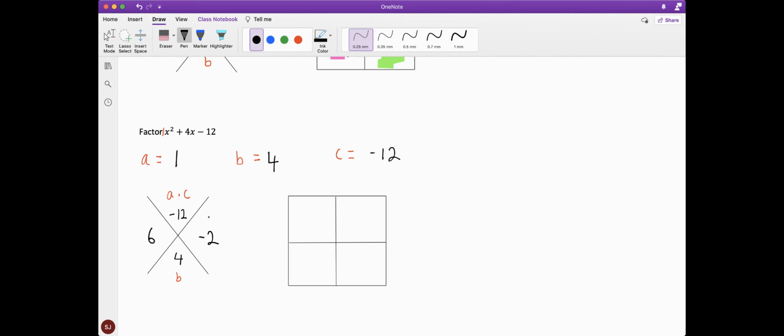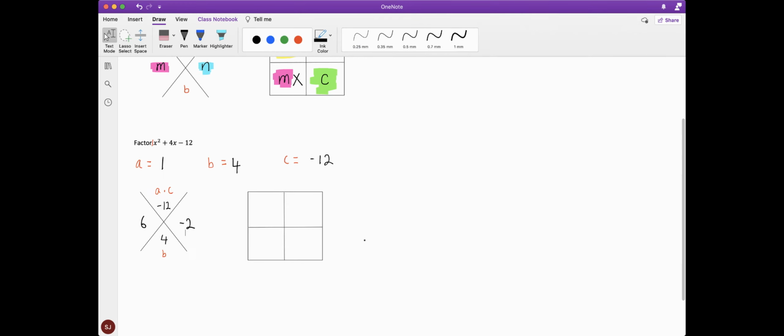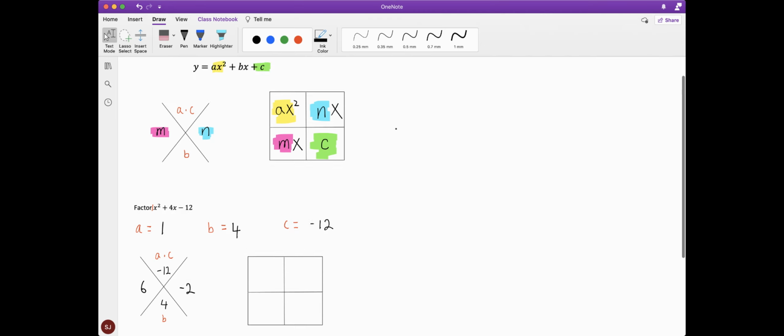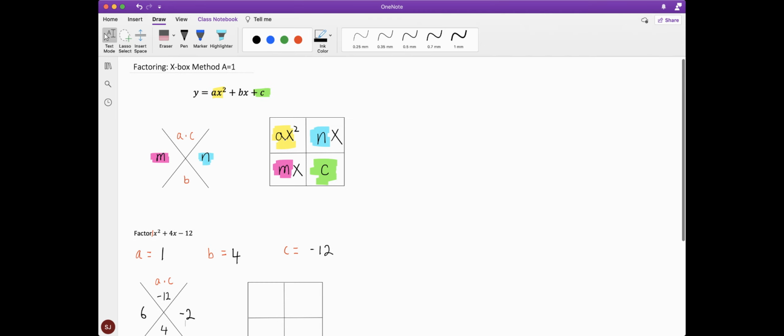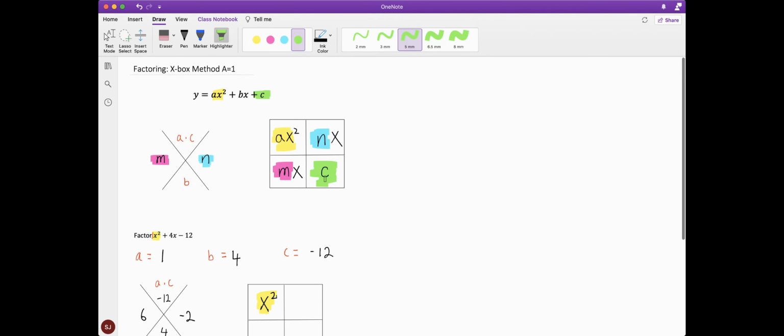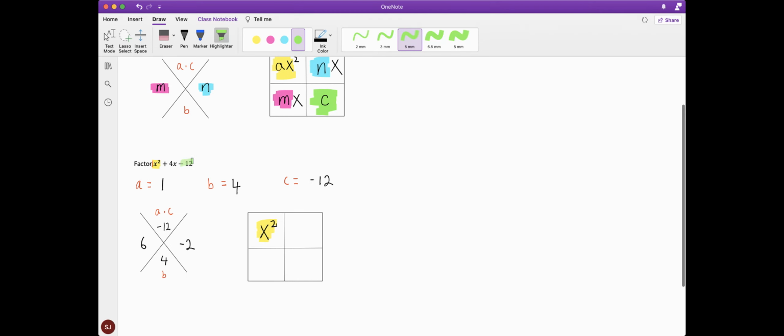So now that we filled our x, let's go ahead and take it to the box. This is how we fill it out. I told you in the beginning, you fill it out with the very first term, which in our case is x squared. So let's write in x squared here. I'll color code it for you so it's easier to see where the numbers came from. The very end, we fill it out with c, your constant, which is negative 12.